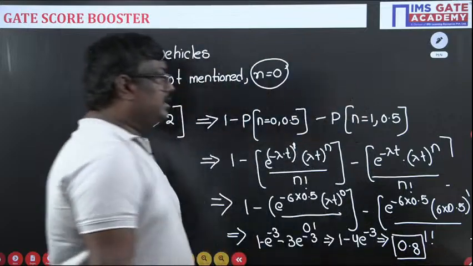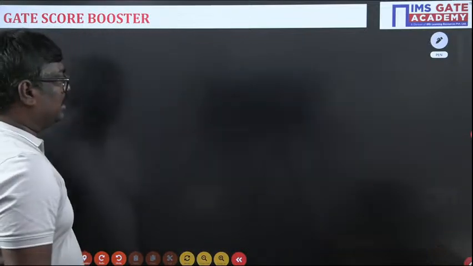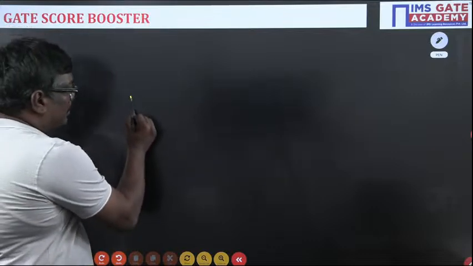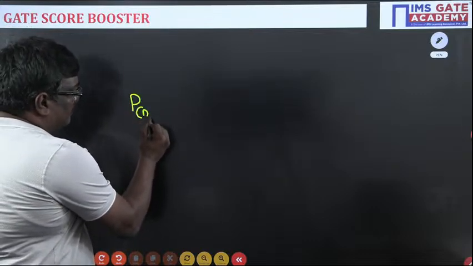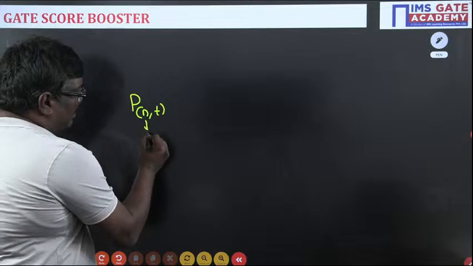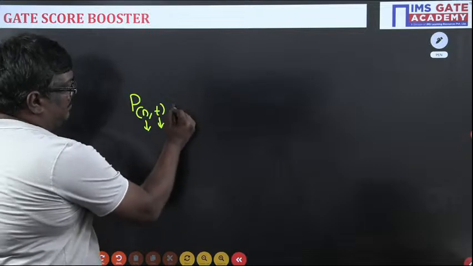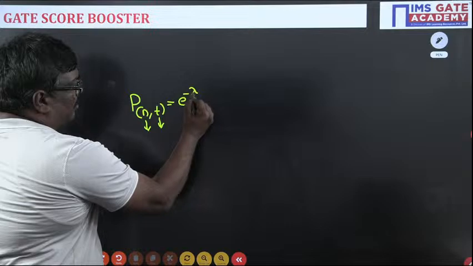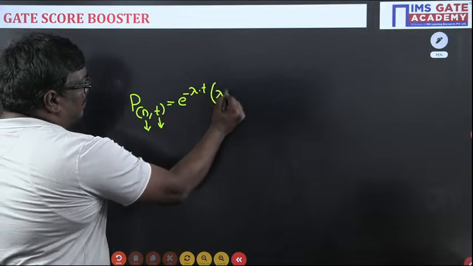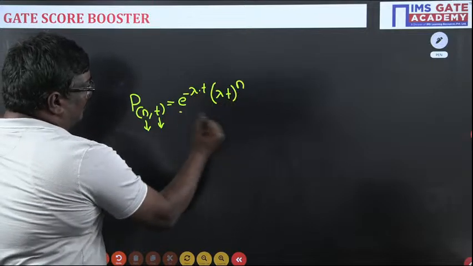So remember, students, the key points here: the probability of n, t, where n represents the number of vehicles and t represents the time, is given by the formula e power minus lambda t into lambda t power n upon n factorial.